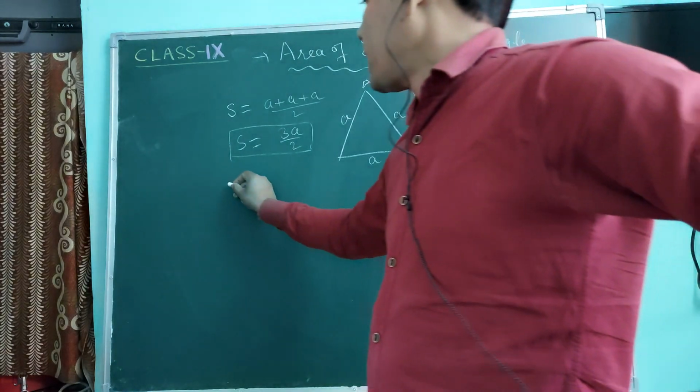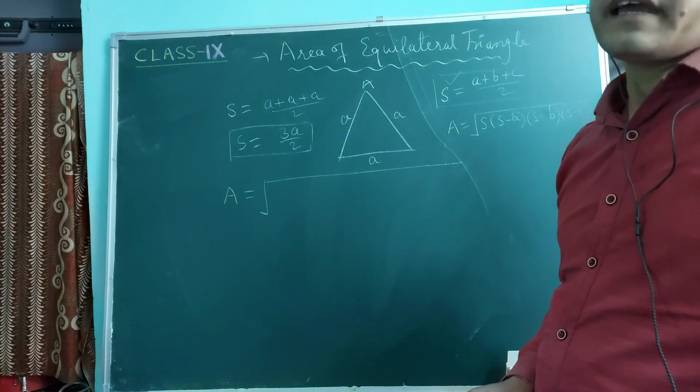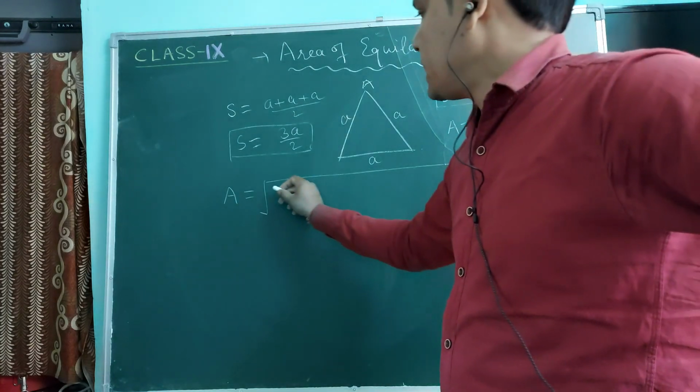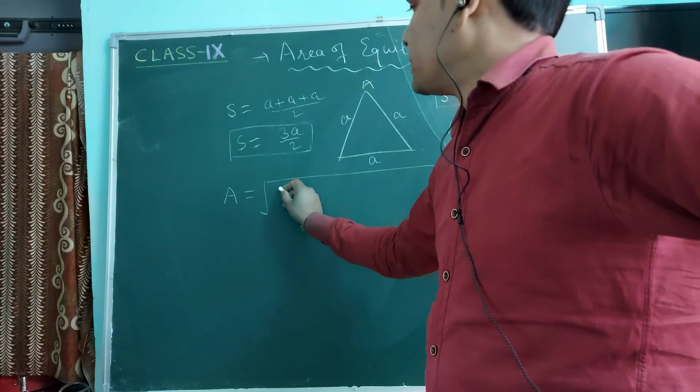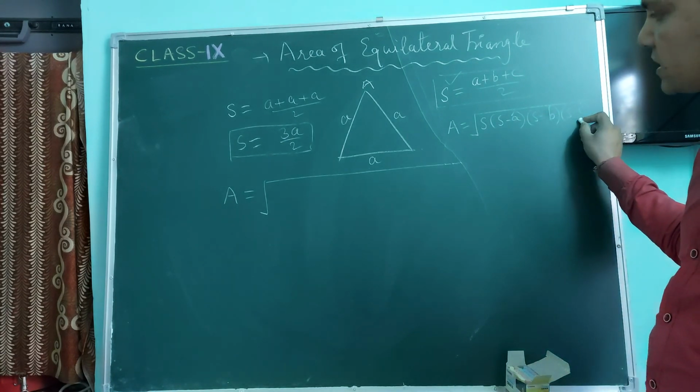Now we can find the area of the equilateral triangle by applying Heron's formula. Area of triangle is the square root of S into (S minus A), (S minus B) and (S minus C).